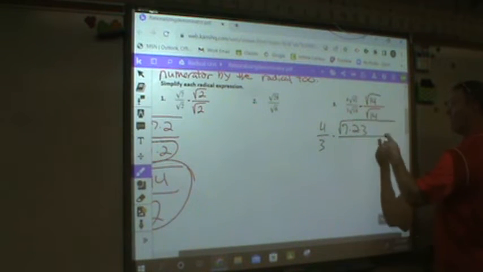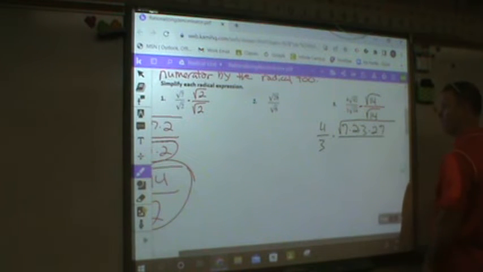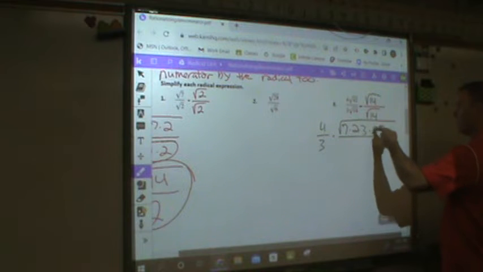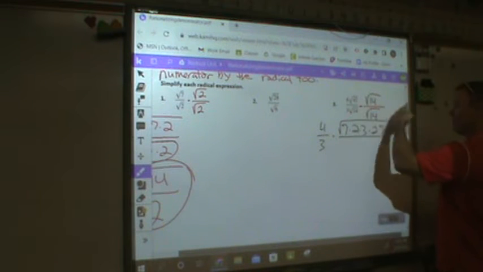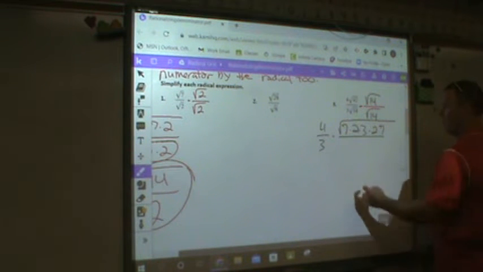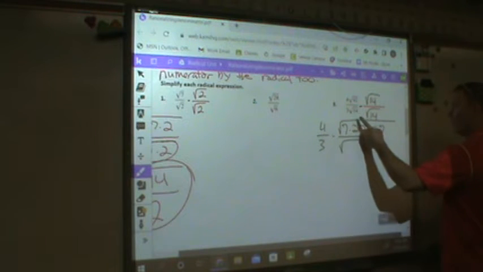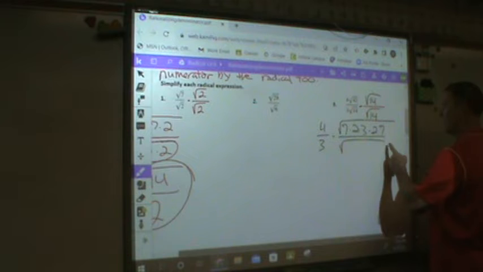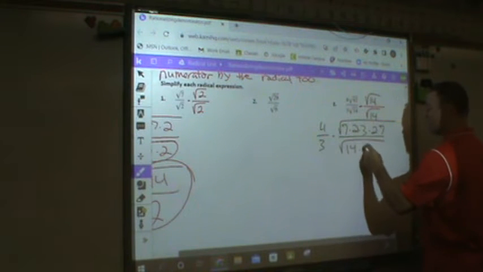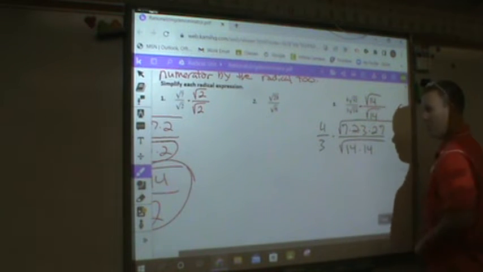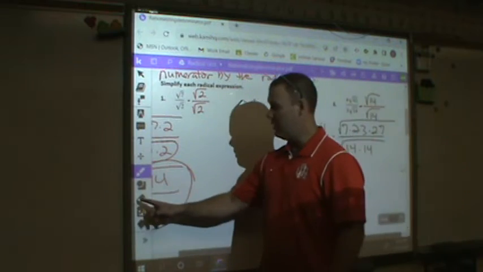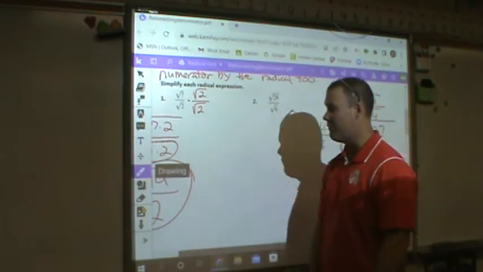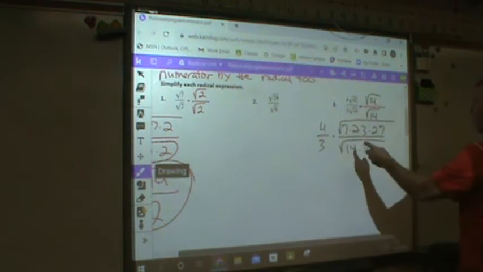Well, because I have 14 over here, and I know 14 factors is 2 times 7. 7 times 2 times 3 times 2 times 7. It's the same thing as if I multiplied 42 times 14. And then in the bottom, do I want to factor 14 and 14 as 7 times 2 times 7 times... No, I don't want to do that. Why? Because they're both the same number. Remember, the object in simplifying radicals is to find 2 of the same to remove 1.